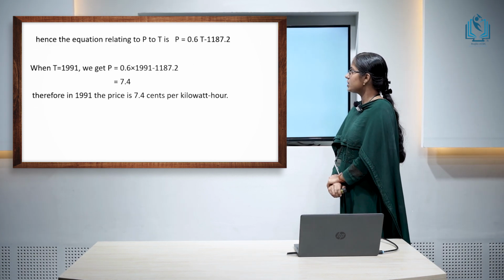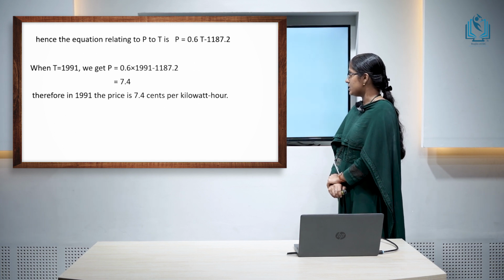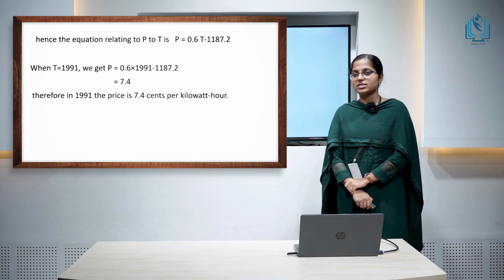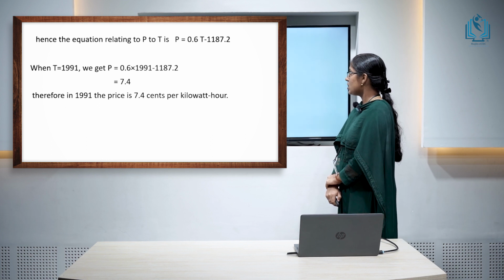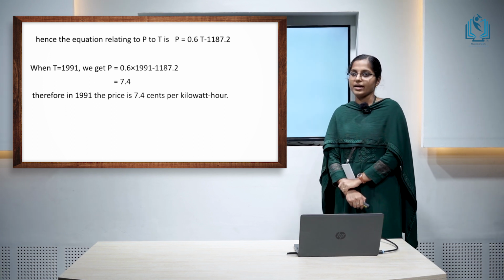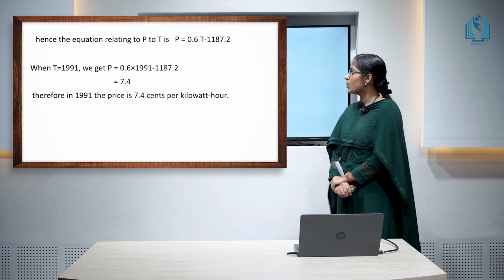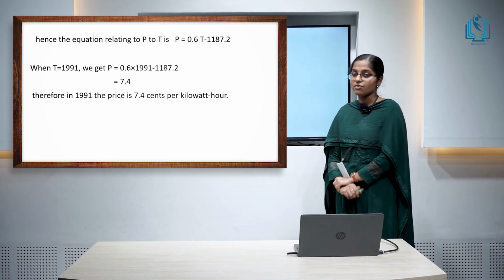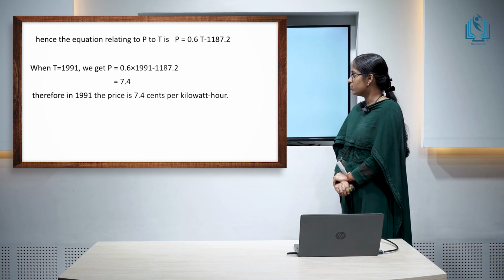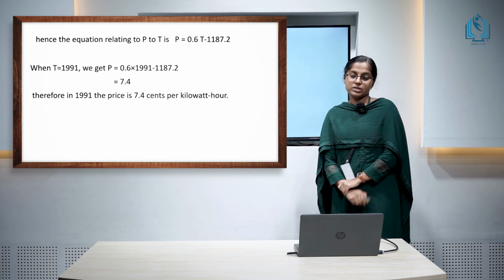Hence, the equation relating P to T is P equals 0.6 T minus 1187.2. And for the other question, when T equals 1991, we get P equals 7.4, and the problem is solved.